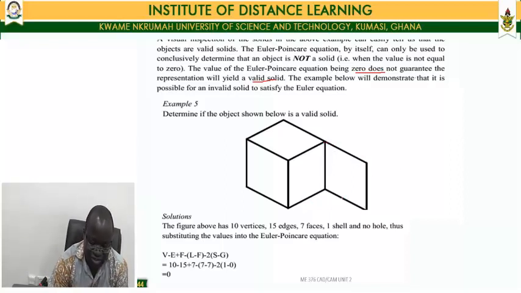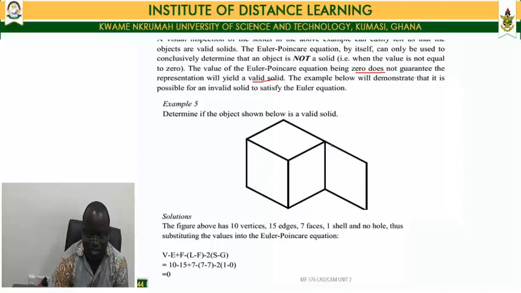The number of vertices: the cube has 8 vertices, plus these 2, we will have 10 vertices. Now the number of edges: the cube has 12, then we can add 1, 2, and then 3, and then we have 15 edges.